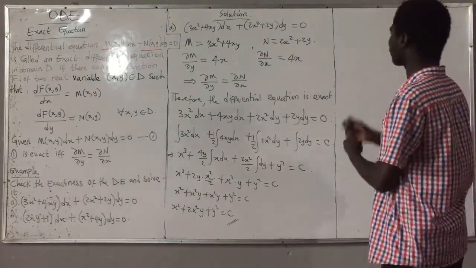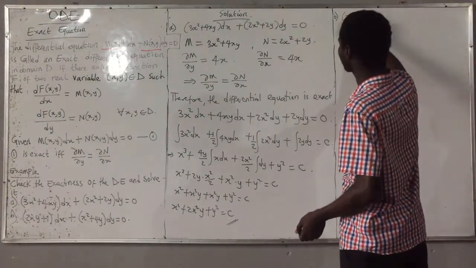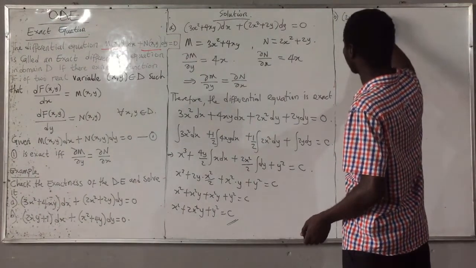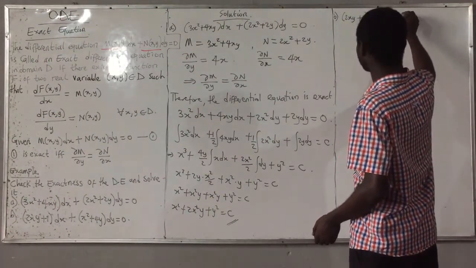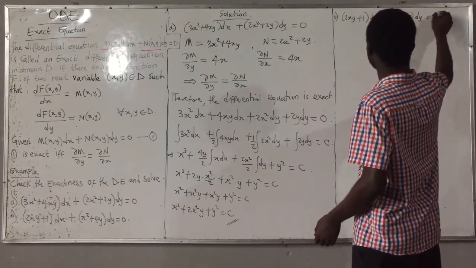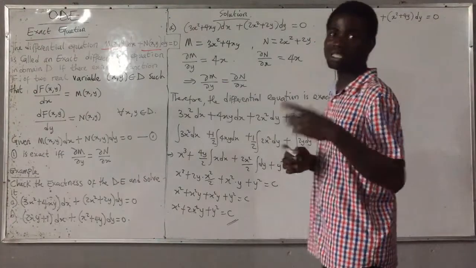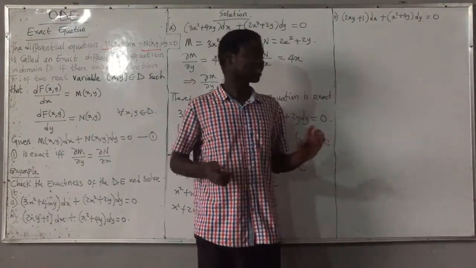So now the second question, the same thing you already see now. This is (2xy + 1) dx + (x² + 4y) dy = 0. M is, as I've been calling it, the coefficient of dx. N is the coefficient of dy.